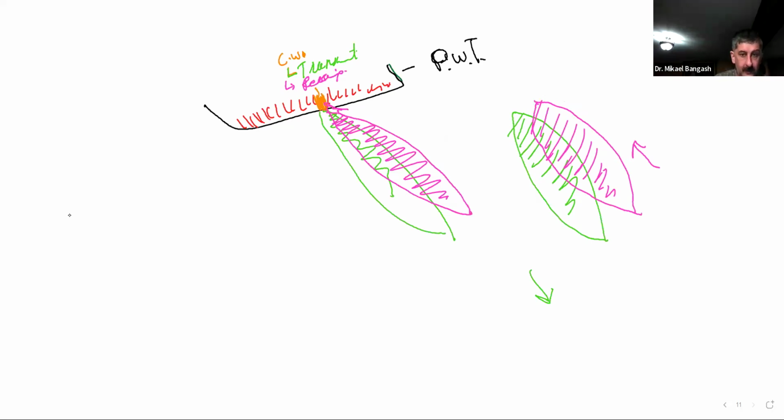So what we mainly have here is this area, right? And what would that be? That would be an area of overlap.